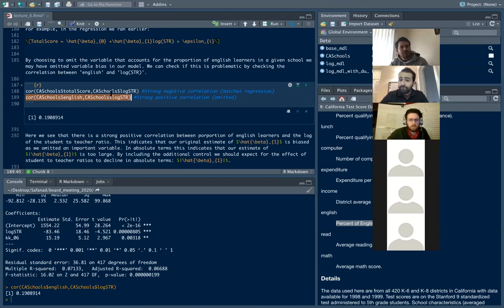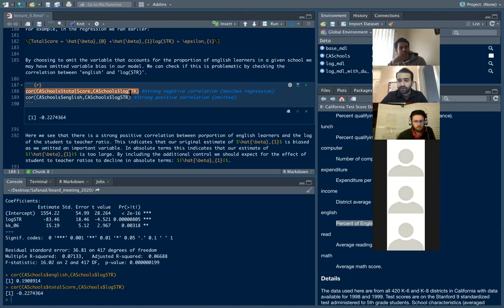Well, we can compare that correlation to the correlation we measured, which was the correlation between total score and the log student to teacher ratio. That correlation was -22. Okay, so they're both relatively strong correlations to one another in absolute terms, but this one is strong in negative and this one is strong in positive.